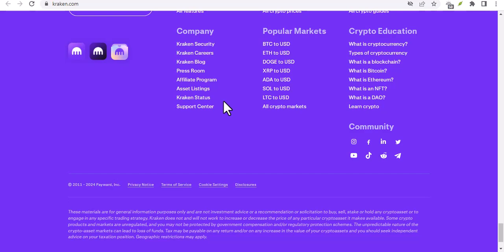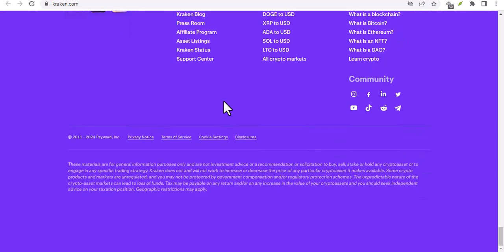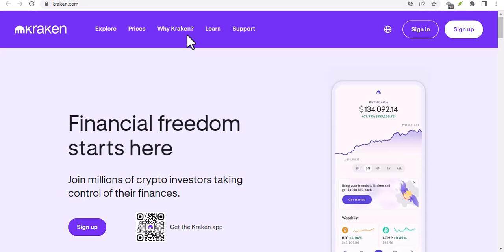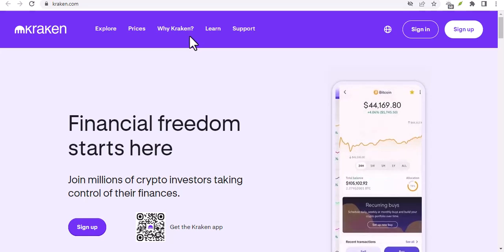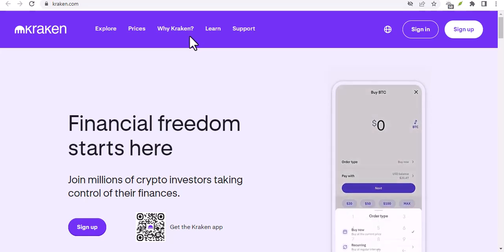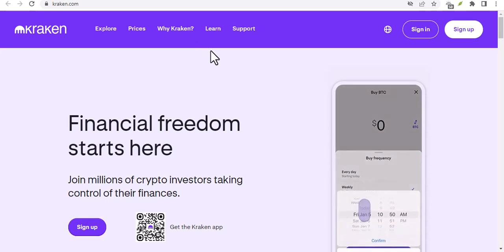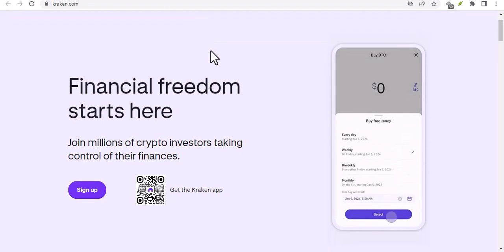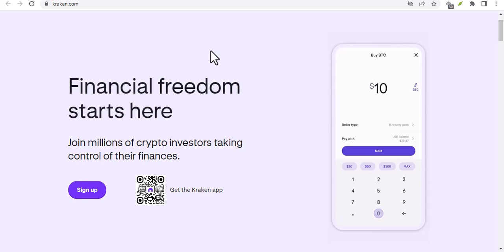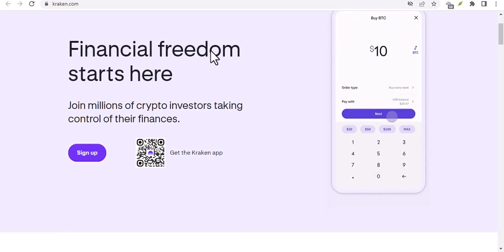However, there's a crucial detail you need to be aware of. While Kraken does support USDT TRC20, it's essential to double-check which network you're using when you deposit or withdraw USDT. Kraken, like many other exchanges, might support USDT on multiple networks, such as Ethereum, ERC20, and Tron, TRC20.